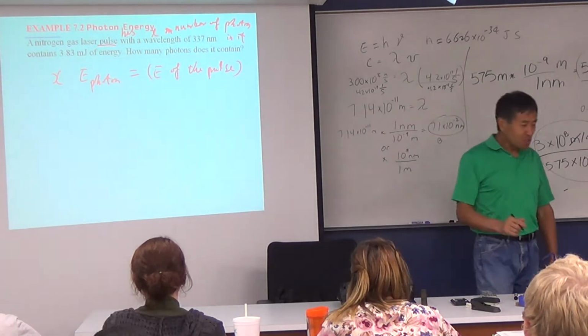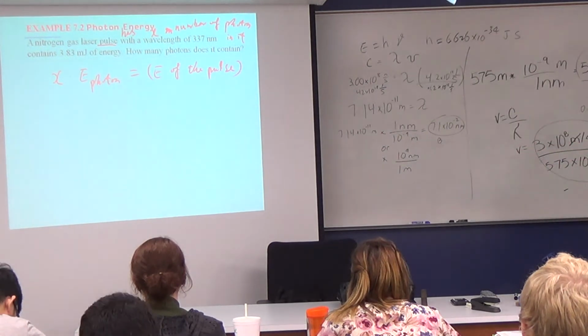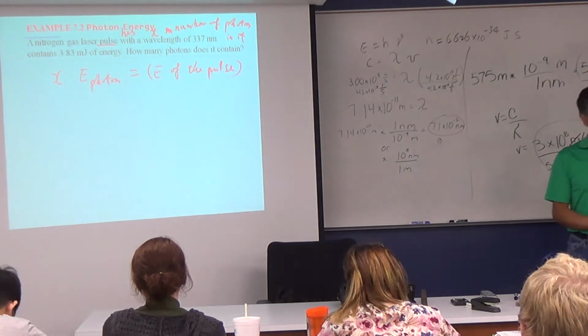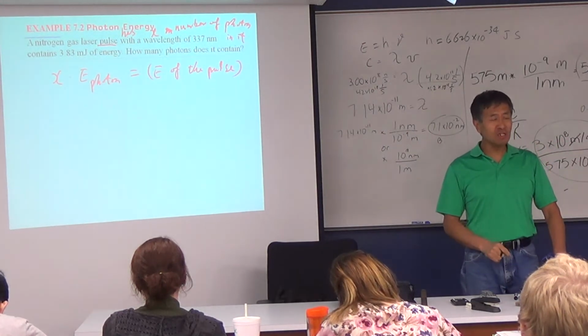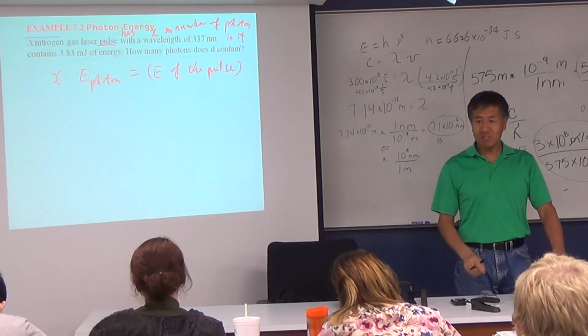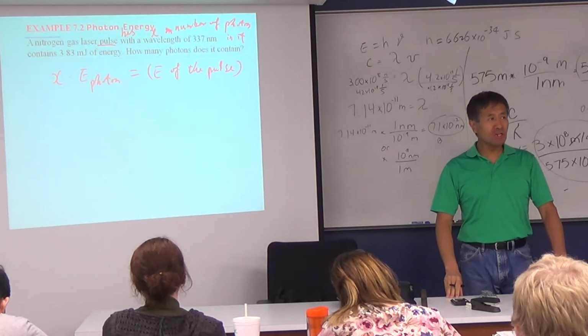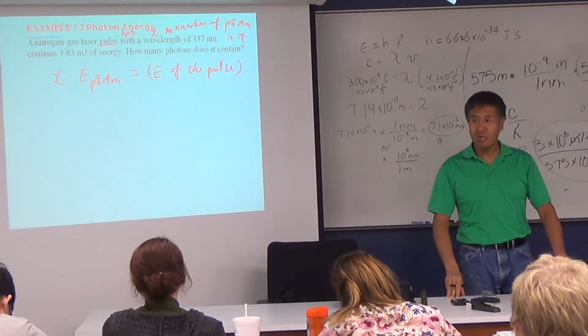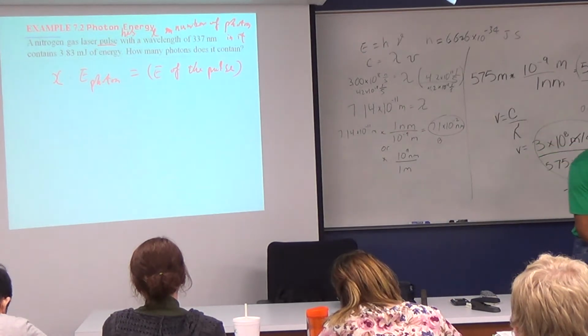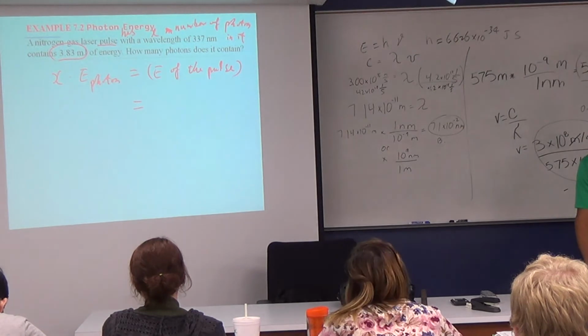In this chapter it is easier to work with the basic units. The basic unit for energy is the joule, not the millijoule or kilojoule. So first, you convert this into joules.